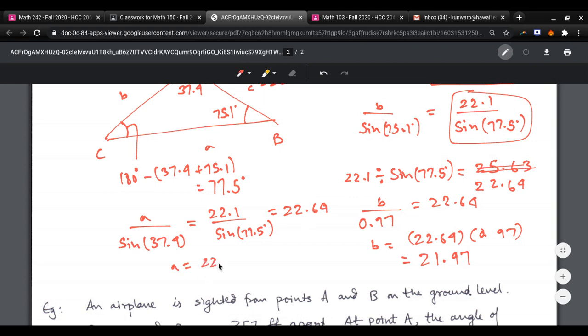So A is simply 22.64 times the sine of 37.4, which is 13.76. And that's what you're trying to find out.